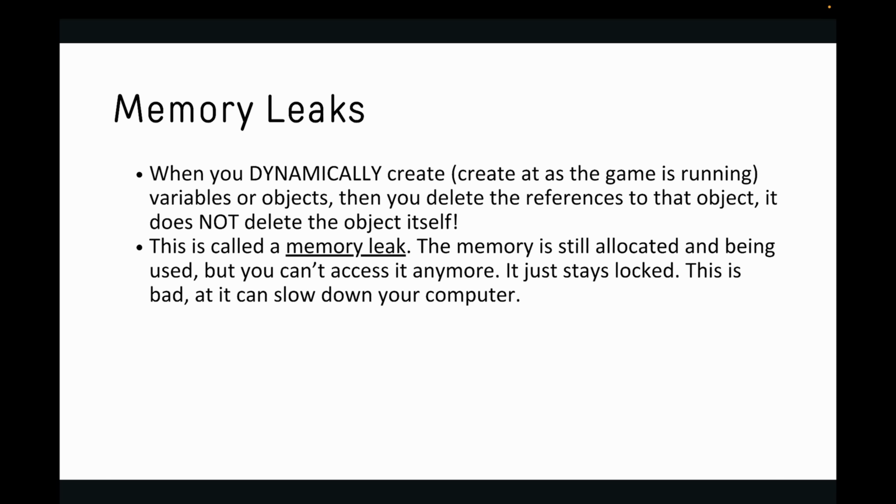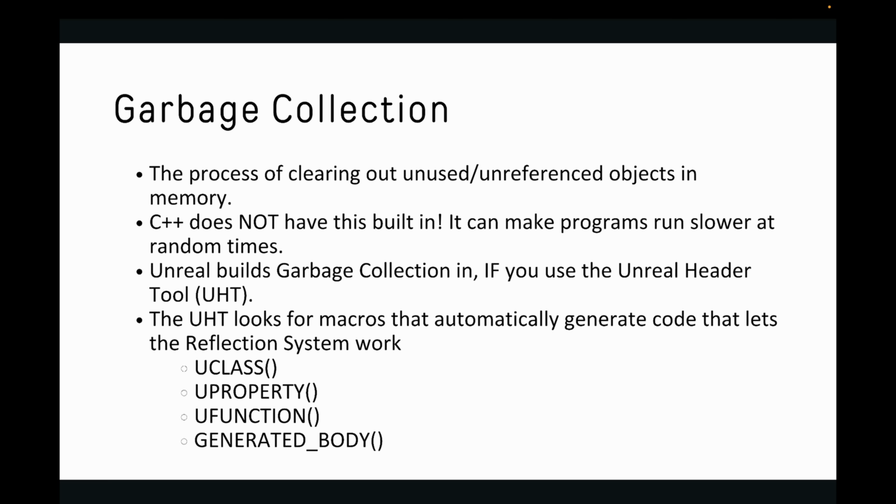Luckily for us though, Unreal Engine has something to prevent this. C++ does not have garbage collection by default, but Unreal does. Other languages do as well. Garbage collection is a process of clearing out any unused or unreferenced objects in memory.